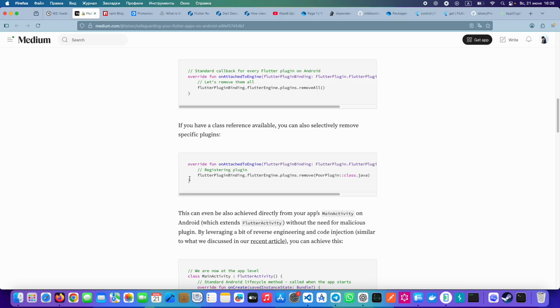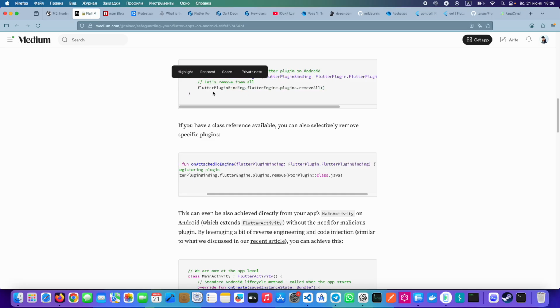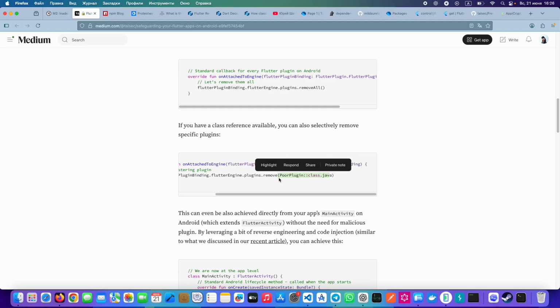Let's go. They said that if you have a specific plugin, just writing the name of this, like we have done this one, you can remove that by calling the main plugins root.